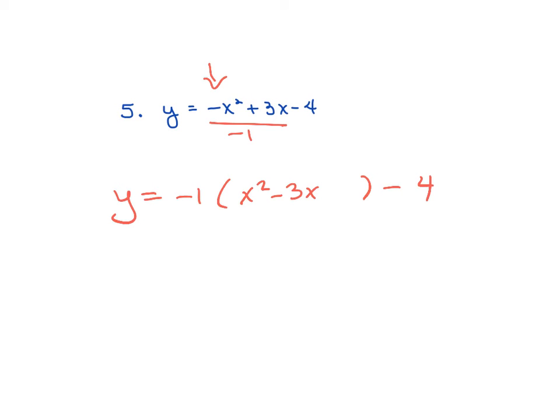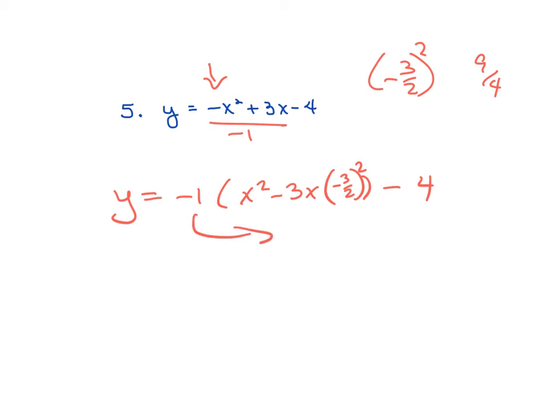I now take the b term, divide it by 2, and square it. Actually, just square it here, and this becomes 9/4. So if I put in here (-3/2) squared.